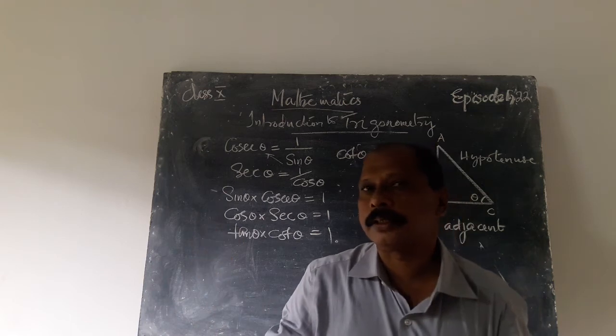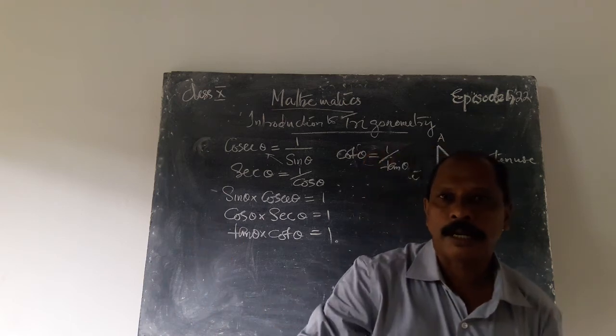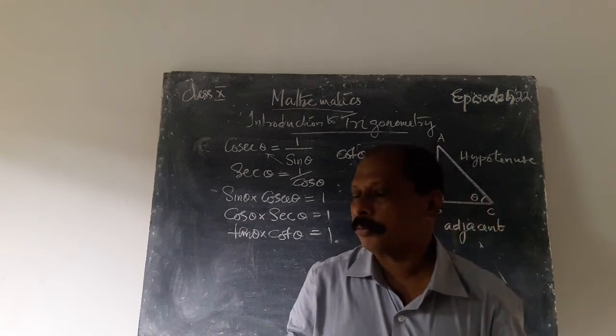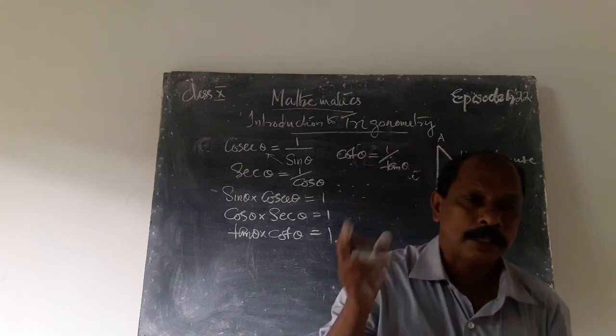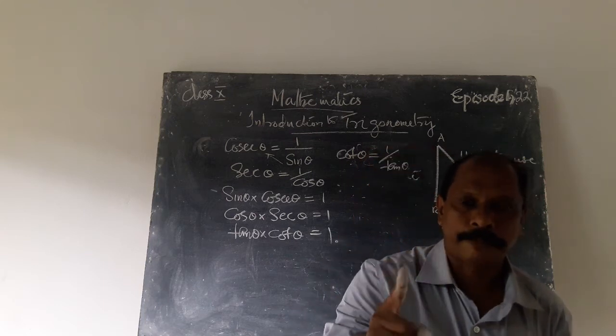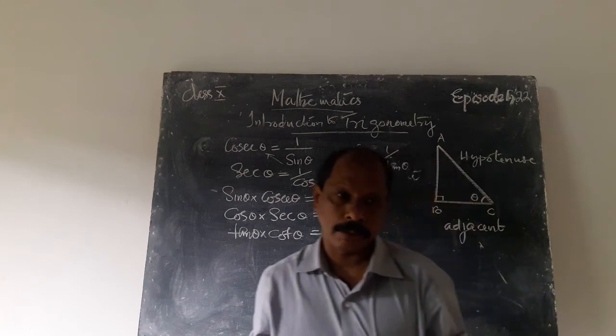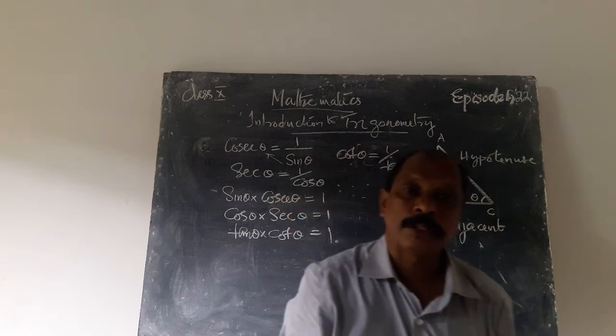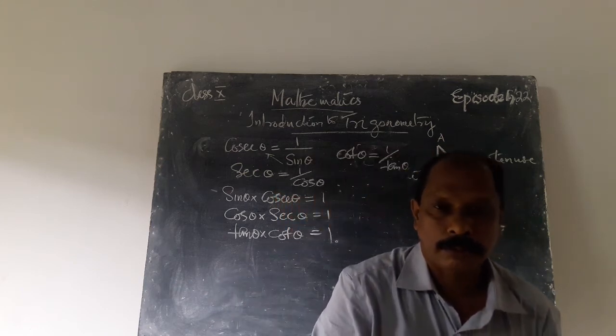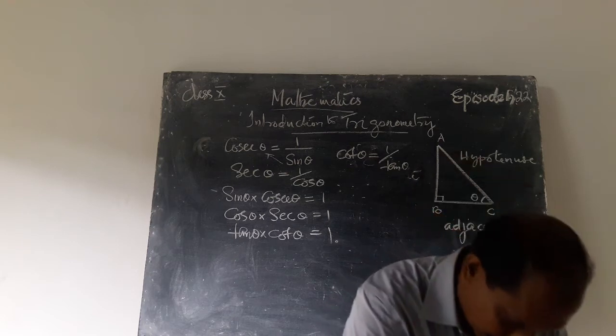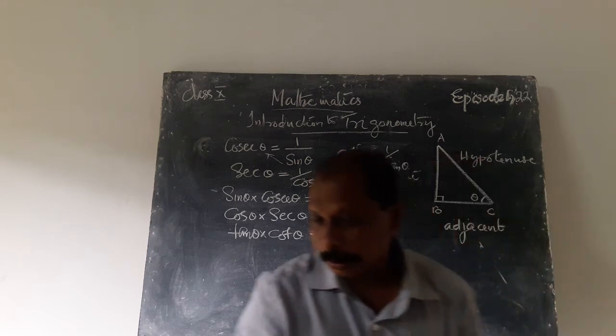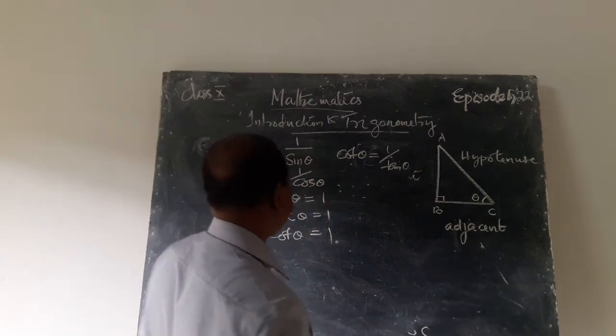Therefore, 1 by sec theta is cos theta. 1 by tan theta is cot theta. Therefore, 1 by cot theta is tan theta. Therefore, sin theta into cosec theta is 1, cos theta into sec theta is 1, and tan theta into cot theta is always equal to 1. Clear?